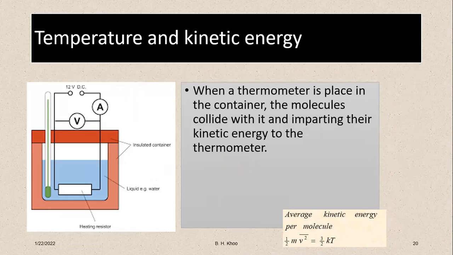Because it receives kinetic energy, so the temperature rises. It receives kinetic energy from the surrounding liquid molecules. When the kinetic energy of the water molecules increases, the kinetic energy of the thermometer will rise as well.